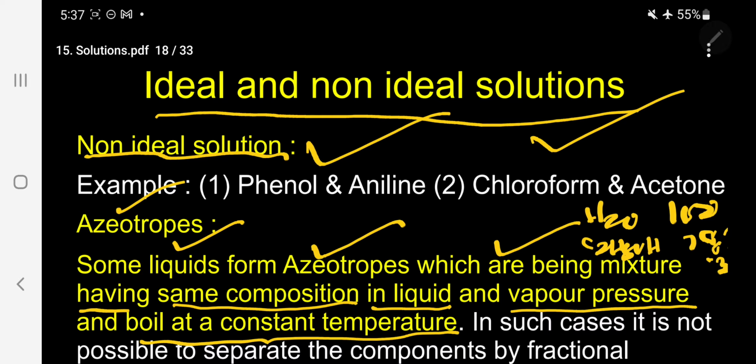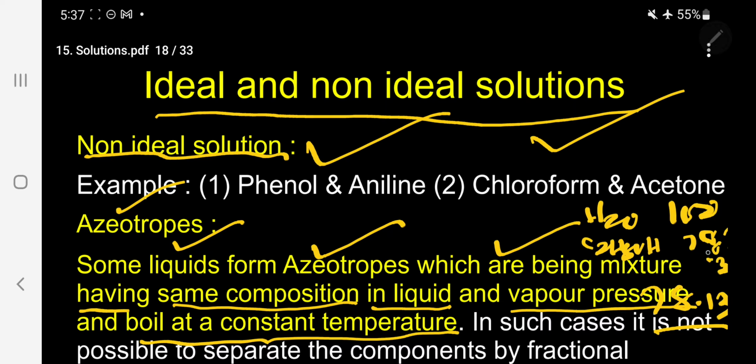The idea is that a particular percentage of water and a particular percentage of alcohol is always constant in the mixture, having the same composition. Say for example, 95 percent alcohol plus 5 percent water, let us assume. That is the composition, and it boils at a constant temperature, its boiling point being 78.13.